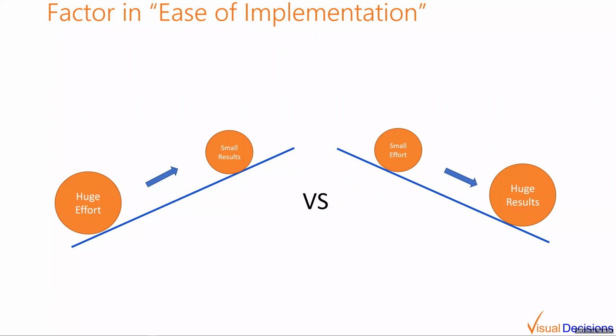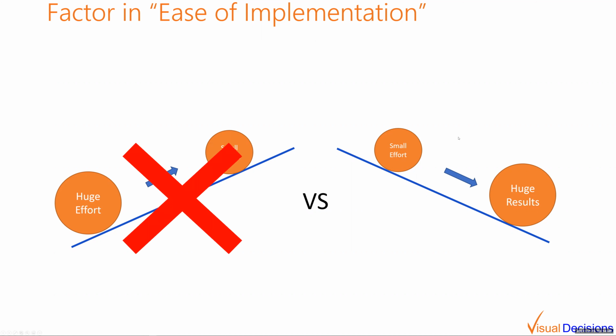There are things that your people are dying for out there, and if you just put it in place, they'll eagerly adopt it. Those are things that take a small effort but can lead to huge results. So as we look at the different things we can put in place, what are those that allow us to put in that small effort and get those big results?